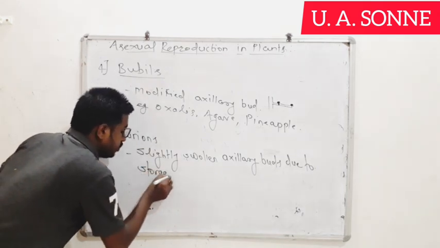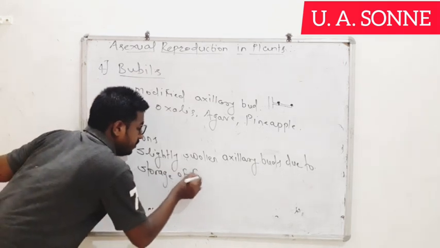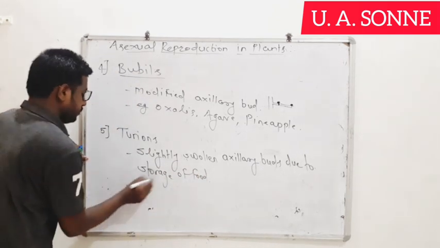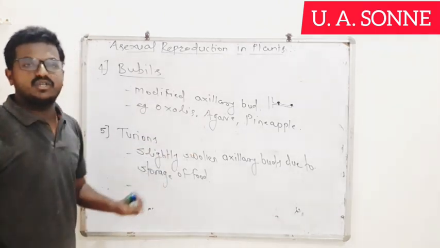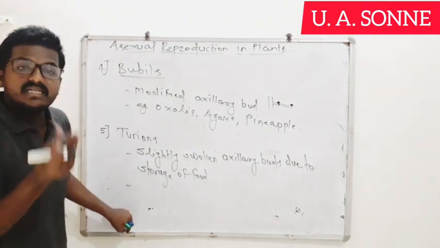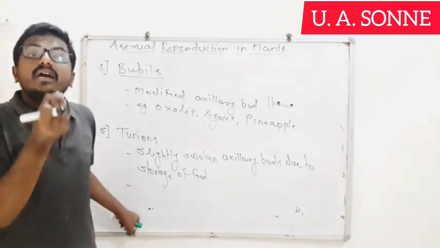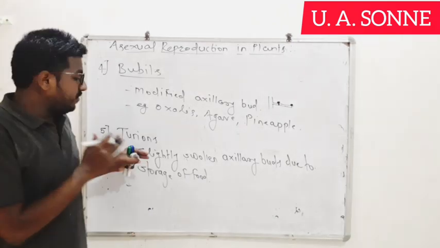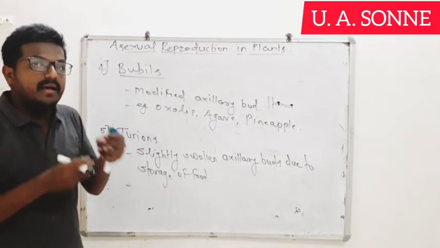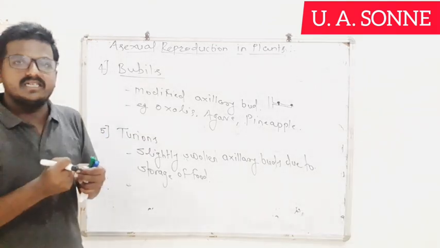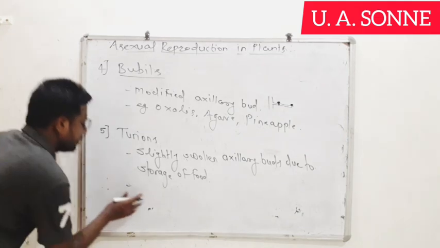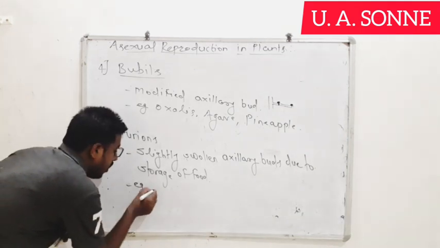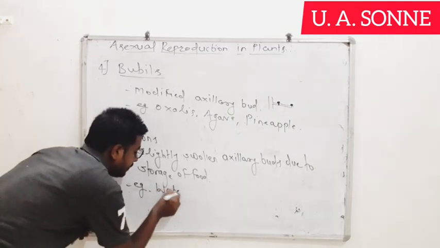These turions are the axillary buds actually, and they are swollen. They remain dormant, inactive during the winter season, and they become active following the spring season to give rise to a new individual plant. And this is observed in the case of aquatic plants.